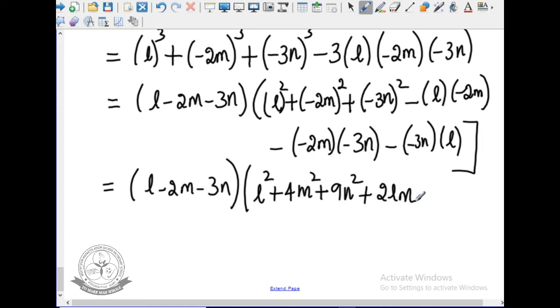Then here we have a 3 negative, so it will convert into negative, so 2 3s are 6, so 6mn, then minus into minus plus 3nl.